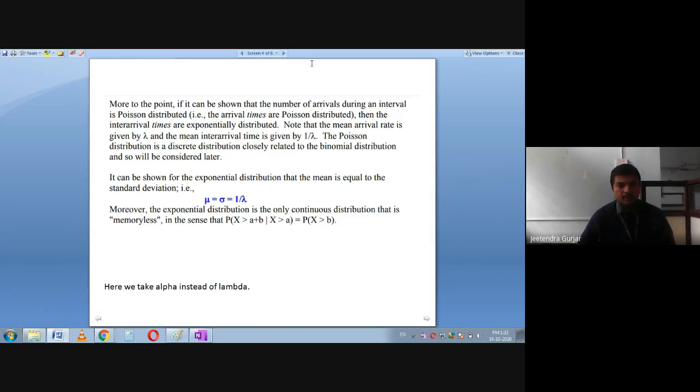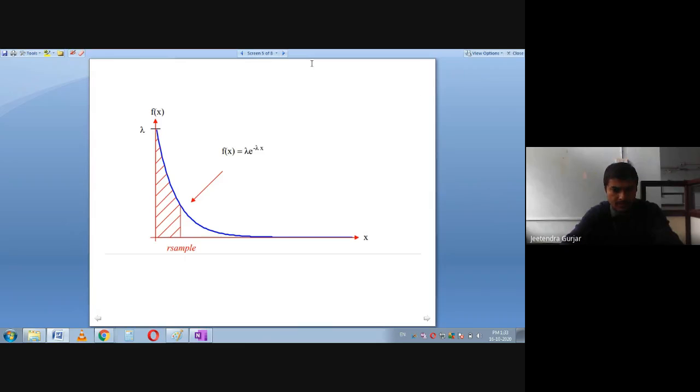So here we have considered 1 upon lambda as our mean and standard deviation, but henceforth instead of lambda we'll take it as alpha. So this is what the function tells you, lambda e raised to minus lambda x. Lambda is just a notation. We can also take any Greek letter, alpha.